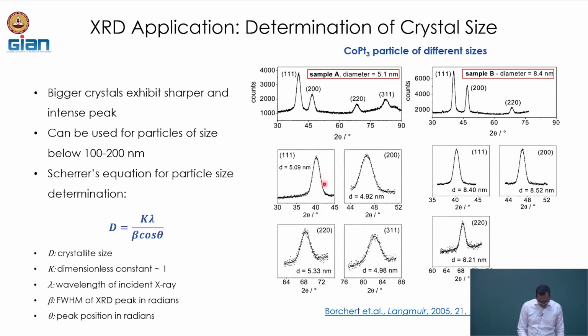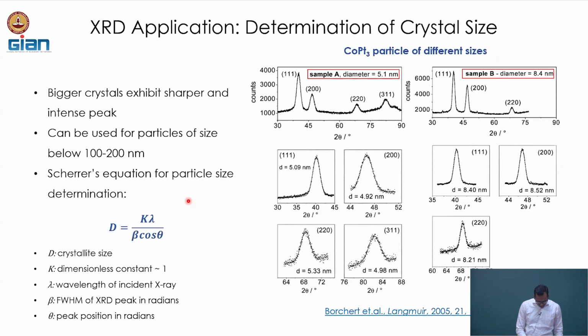That full width at half maximum is nothing but the beta in this equation, which is given in radians. K is a dimensionless constant, and typically the value is about 1, and lambda is the wavelength of the incident X-ray, which depends on the type of X-ray source used in the equipment. Typically, it is copper K alpha radiation, about 1.54 angstrom.